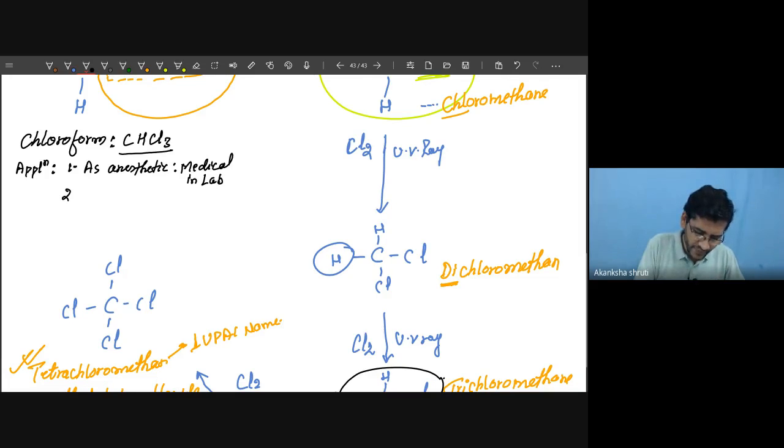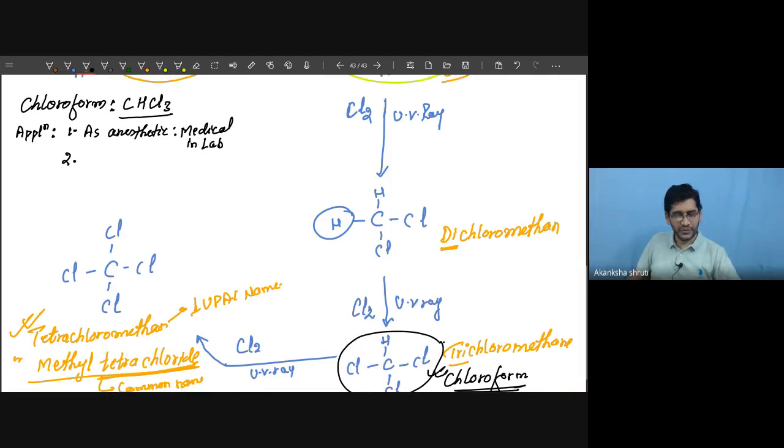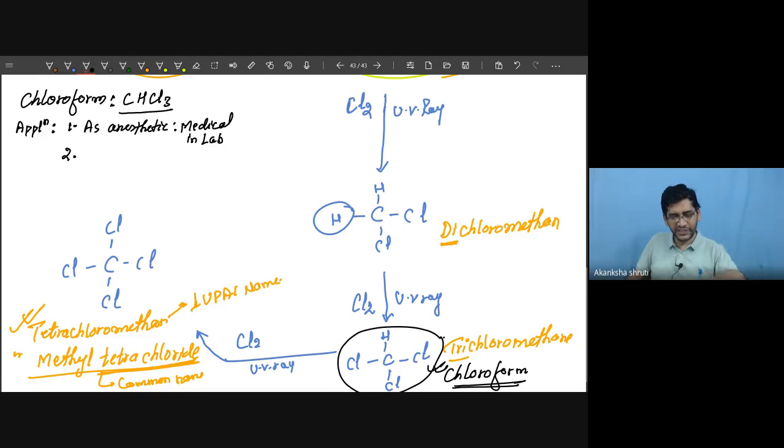Another important property is that it is a good organic solvent and a good preservative. If you have to preserve anything which is going to decay and you place that material inside chloroform, it will not decay. So it is a good preservative.